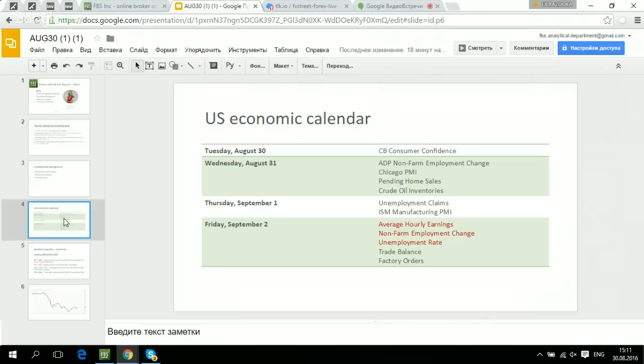But the highlight of the week will be the release of US labor market statistics, average hourly earnings, non-farm employment change or NFP, and unemployment rate. These are all the releases for Friday.